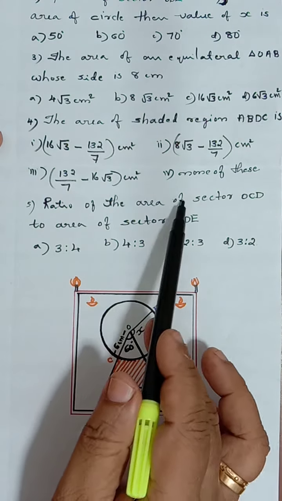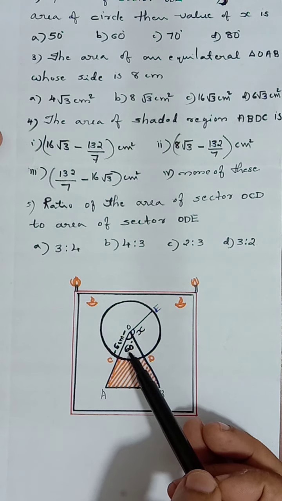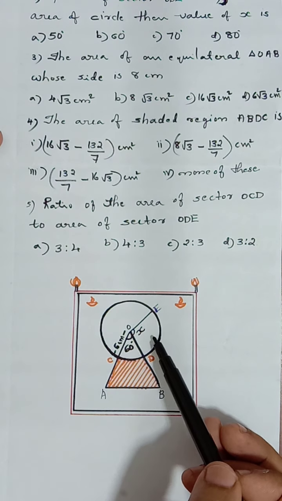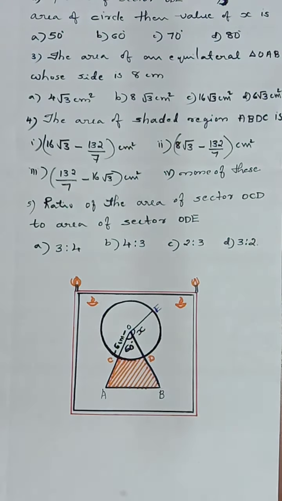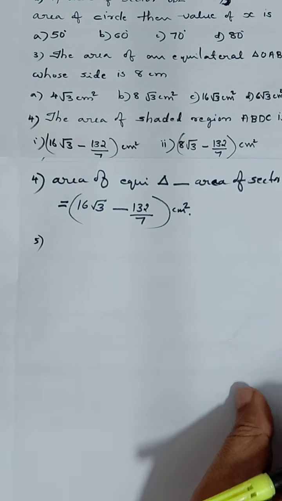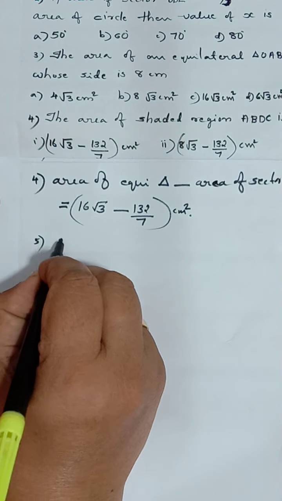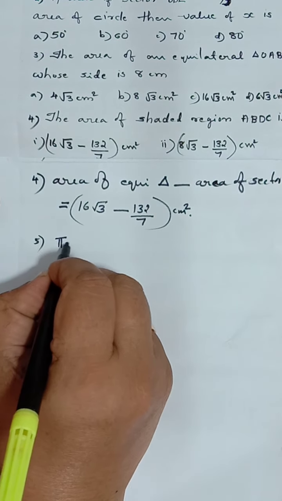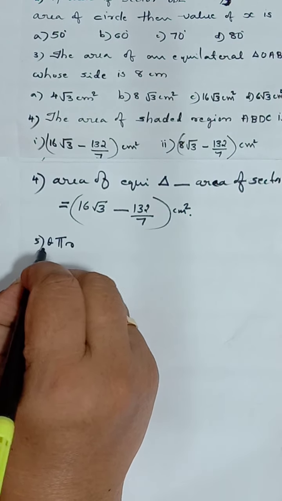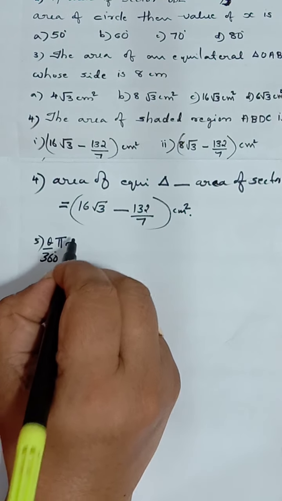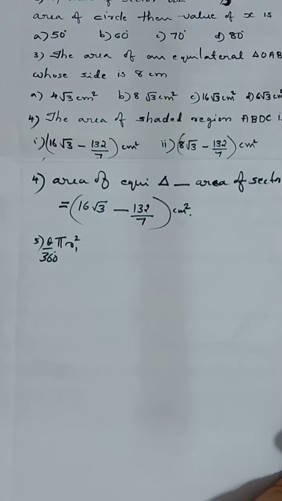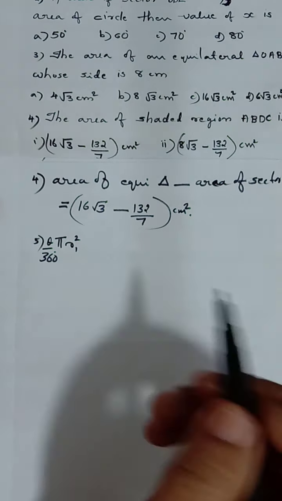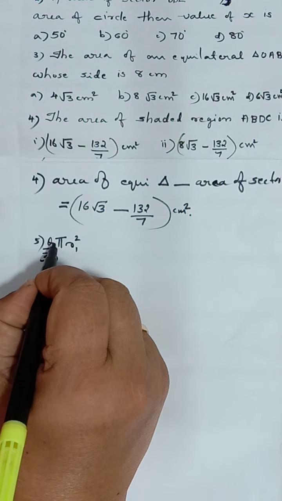So ratio of area of sector OCD, first we have to write area of this divided by area of the sector ODE. Let us write that. That is question number 5. Area of sector is theta by 360 degree into pi r square. Let us write the first one as pi r1 square. It is the same actually, so we don't want to write r1 square.